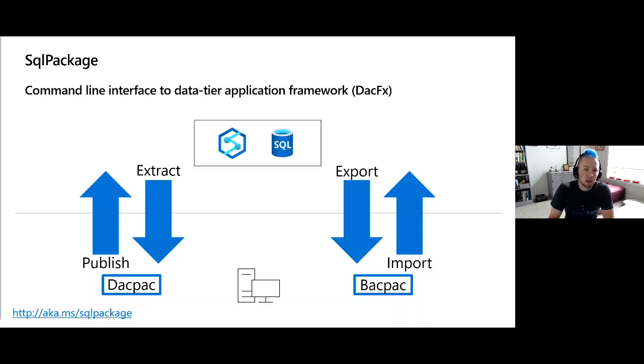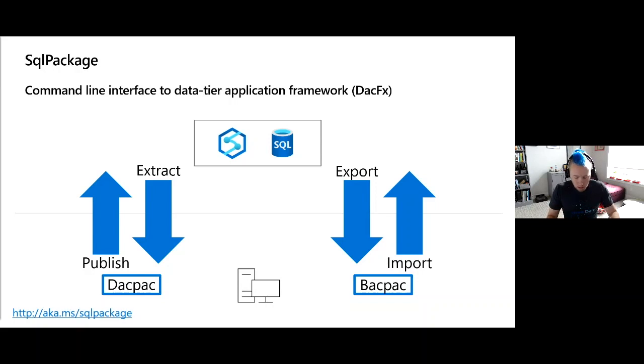SQL Package is the command line interface to an underlying framework that allows us to move either the schema of a database or the schema and some data of the database around.